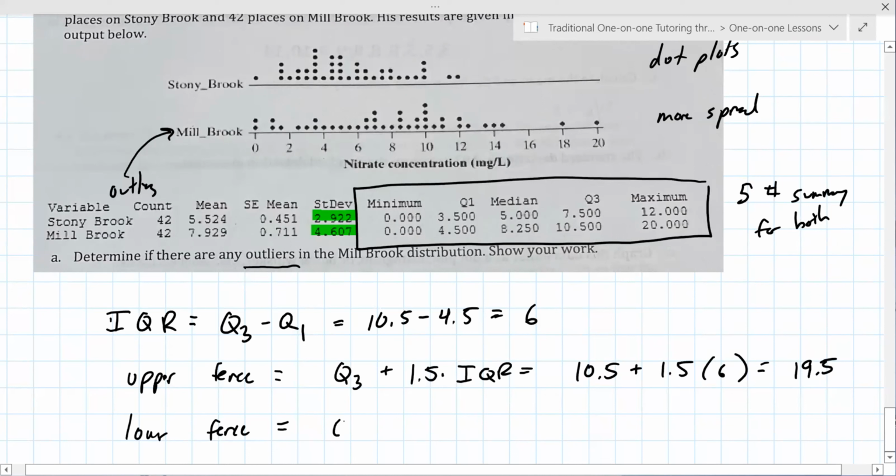The lower fence is Q1 minus 1.5 times IQR. So it's Q1, 4.5, minus 1.5 times 6. So you end up getting a negative 4.5.